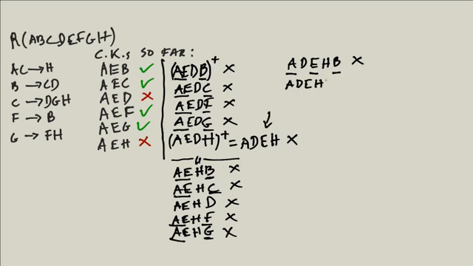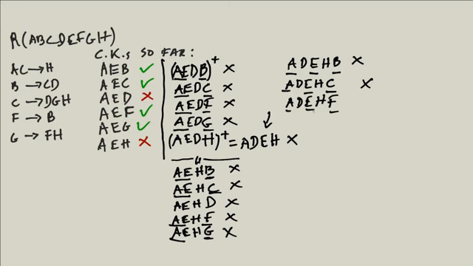Now A, D, E, H with C. So A, E, C. Okay. So cannot use it because it's a superset of this one. And what about A, D, E, H with D no, with E no, with F? A, D, F. Oh no, sorry. AEF, yes, AEF.